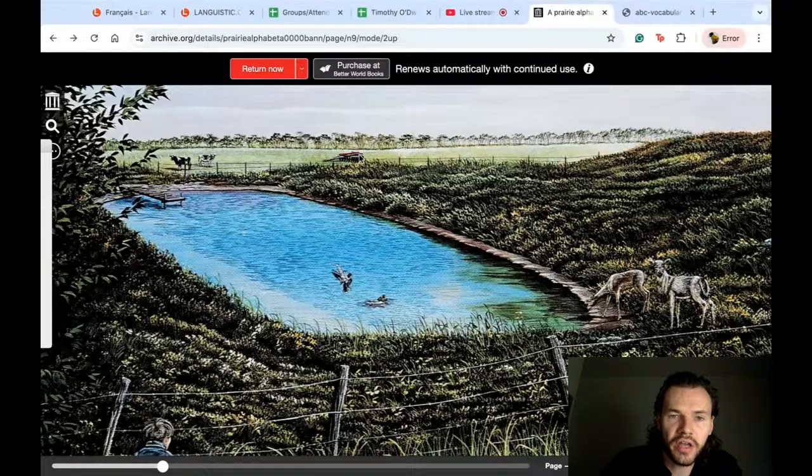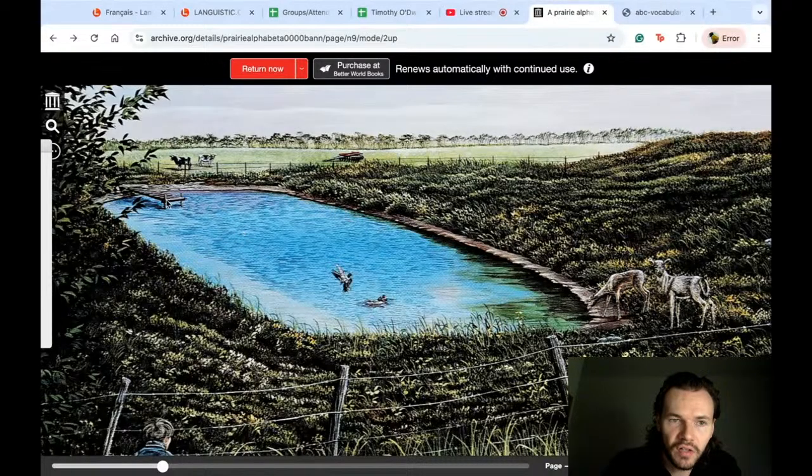We have the thing that clears the crops. It's called a combine. And this is the dugout right here. Very pretty blue water. The ducks are swimming. The deer are drinking.